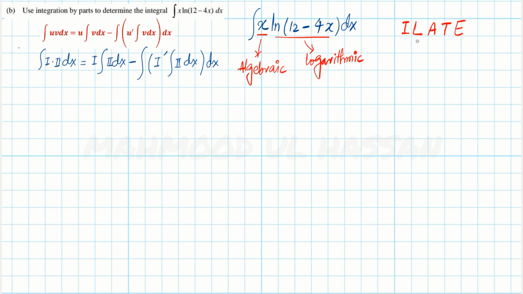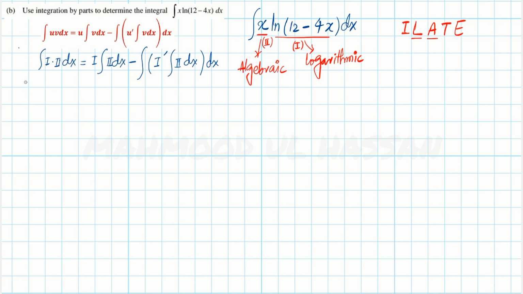So clearly you can see that the logarithmic function comes before the algebraic, so we consider the logarithmic function our first function, or our u function, and the algebraic one is our second function.